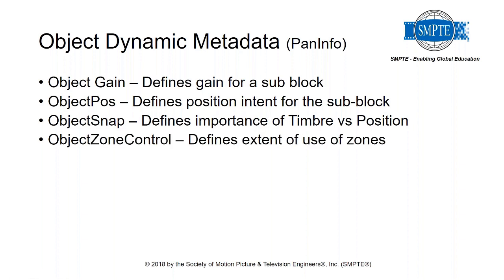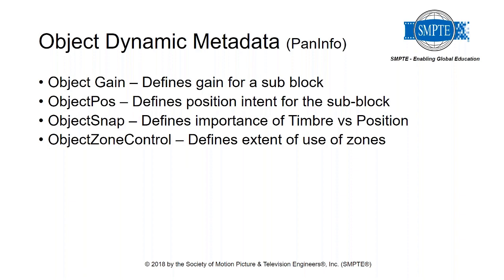Object zone control. So this is actually used in surround sound today to a certain extent. There are cases where a sound may want to come out of center, but they'll actually use a divergence or something similar to a zone control that basically says, I want this to come from the screen, but I don't want you to use the center channel. And that's basically what this is doing.